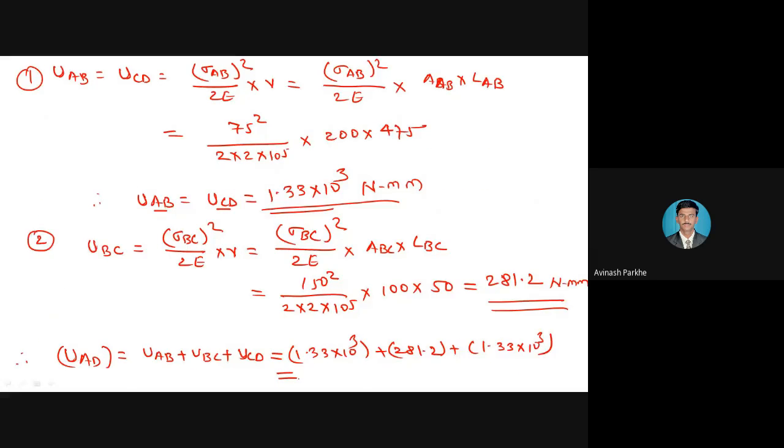So find out the total strain energy stored in the section AD. While making the additions, we have to consider the 1.33 into 10 raised to 3 two times, because three sections are given. U of AB and U of CD, both values are same. But while calculating the total strain energy, we have to consider it two times.